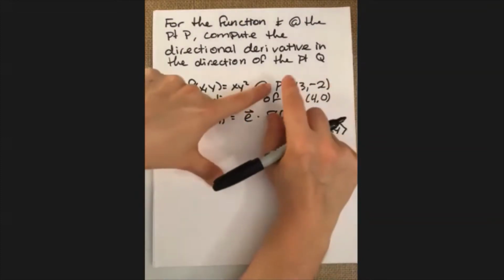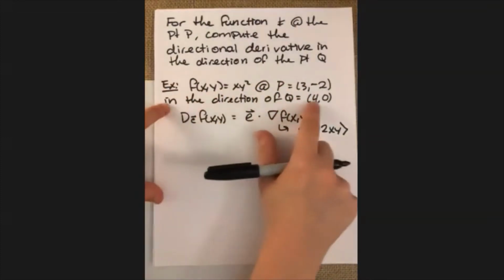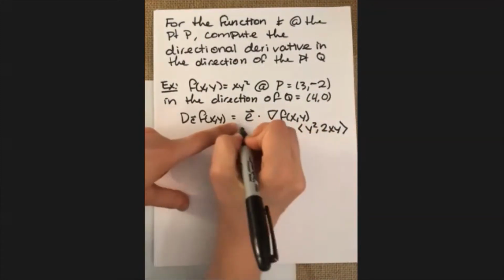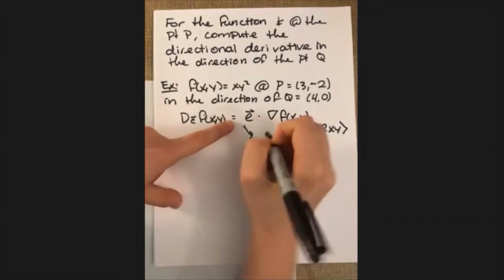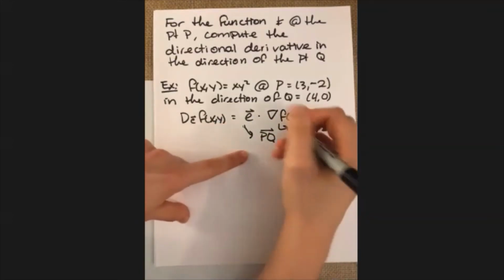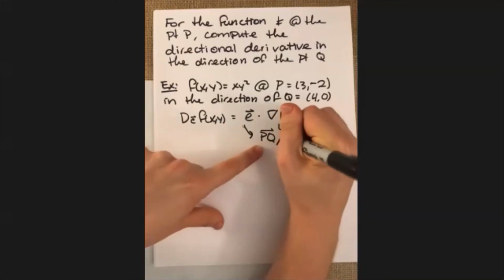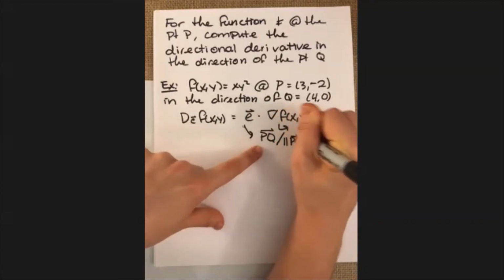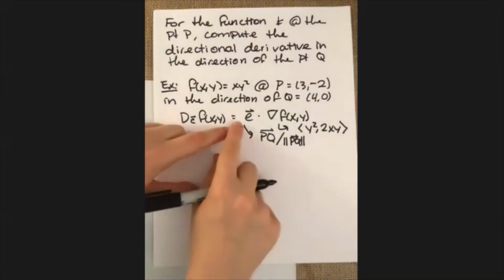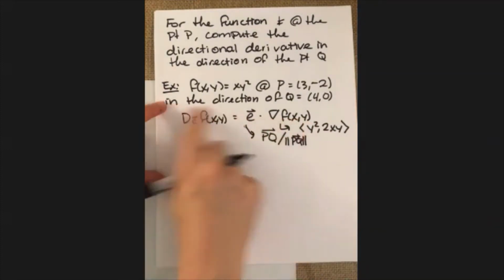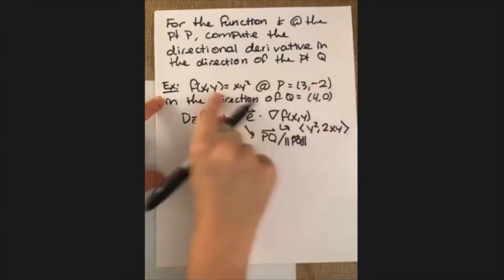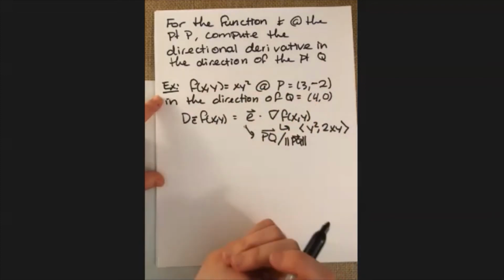Well, we're told that we're based at the point P and that we want it to go in the direction of Q, which means that the vector we want to use is the vector that connects P to Q. But after we find that, we have to remember to normalize it because we want it to have length 1. So we'll divide by its length. That takes care of pretty much all the pieces, and that will then answer the question of finding the directional derivative at that point in this direction.